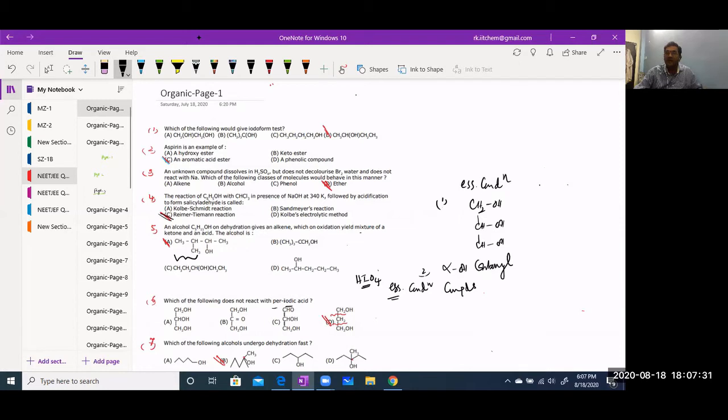Very simple trick, I'll tell you, children. Whenever you are doing this, this is what we have to see with respect to this part. Alpha hydroxycarbonyl compounds will give this reaction and undergo oxidation with periodic acid. So this bond will break down, and also this one.